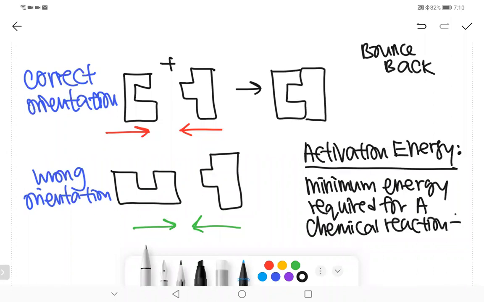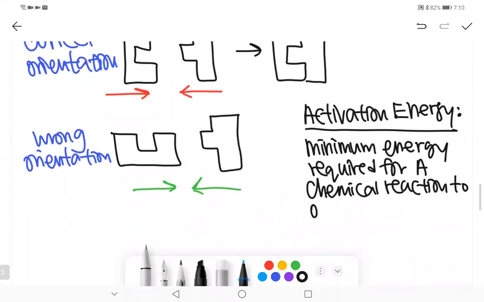The minimum energy which you need for a chemical reaction to occur. Okay, so I give you an example. Let's use a non-chemistry example to demonstrate. Then only we come back here.